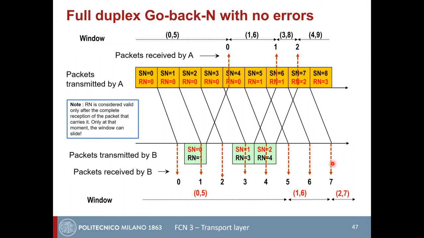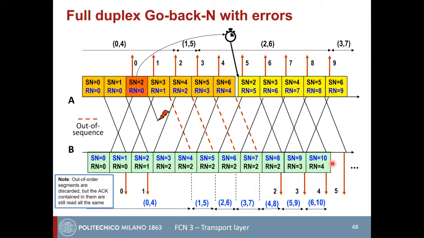And then the rest is always the same. So this is the case, obviously, when you don't have any error. All the packets are received correctly, and also all the acks are received correctly.